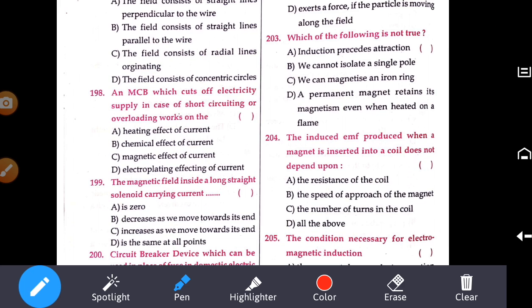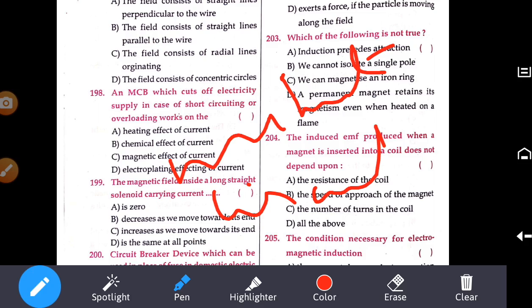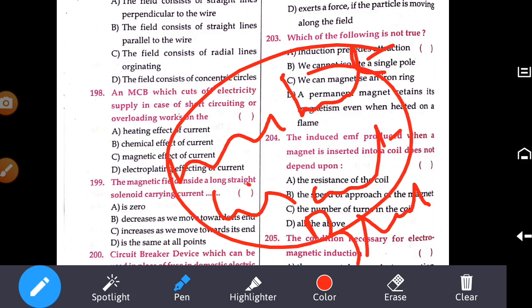An MCB which cuts off electricity supplies in case of short circuiting or overloading works on. MCB is nothing but miniature circuit breaker. This miniature circuit breaker is being replaced with the fuse. In a fuse, what is the disadvantage? If the wire melts, we should manually remove the fuse and change the wire.